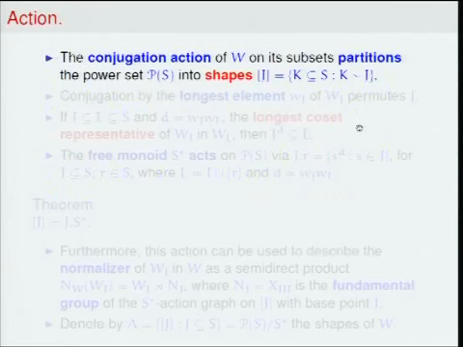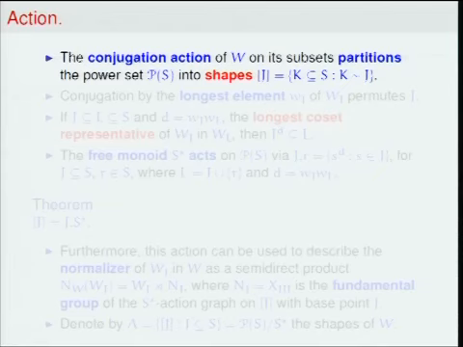The action. That brings us back to the concept of shapes, which I briefly mentioned earlier. Shapes I call the conjugacy classes of subsets of S. Well, they're not exactly conjugacy classes because they're not complete orbits, but still it's true that the conjugation action of W partitions the power set of S into classes of conjugate elements.